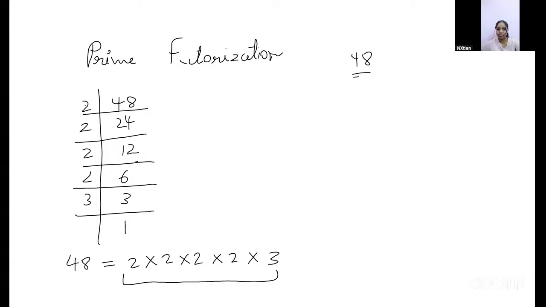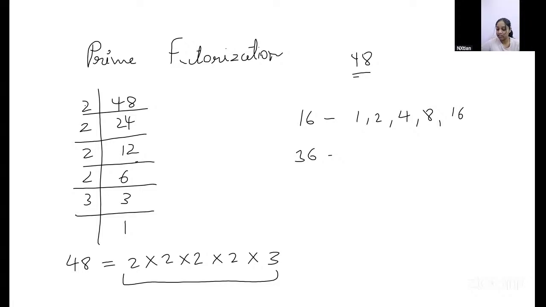suppose I have two numbers, 16 and 36. I have to calculate the HCF, the highest common factor. So I will write factors of 16: 1, 2, 3 is not there, 4, 8, and 16 itself.